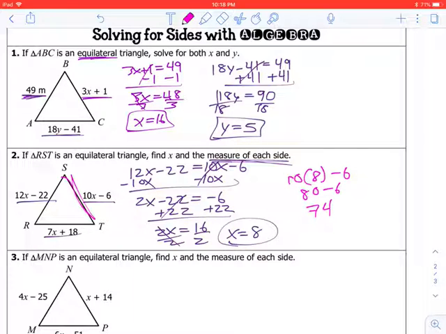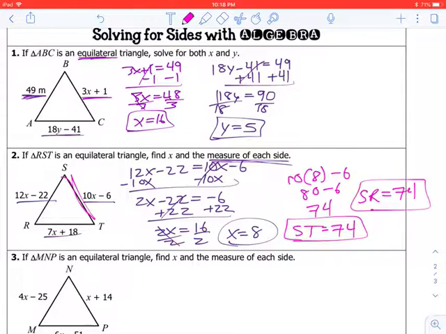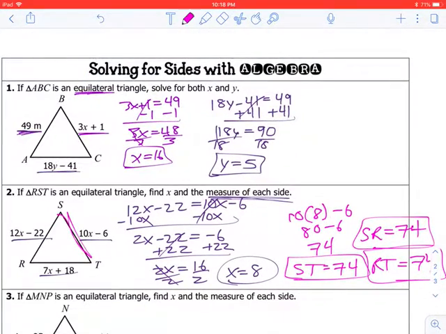So ST equals 74, SR equals 74, and RT equals 74. And there we are. That's how you can use the algebra to solve for missing parts.